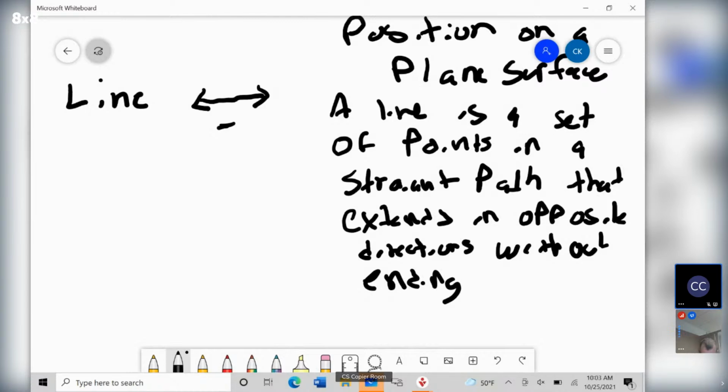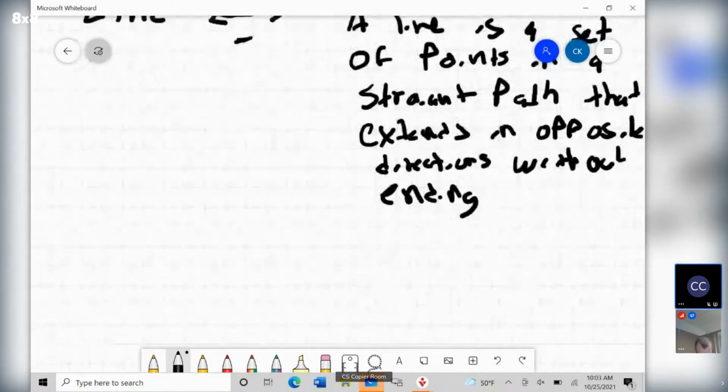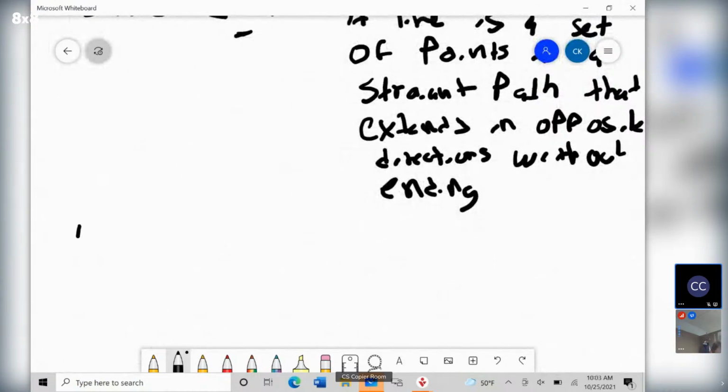The next one I want to show you is a line segment, which is similar to this, but it's a little bit different. So a line segment, it's got 2 points on the end. So that really means that segment ends at both points.